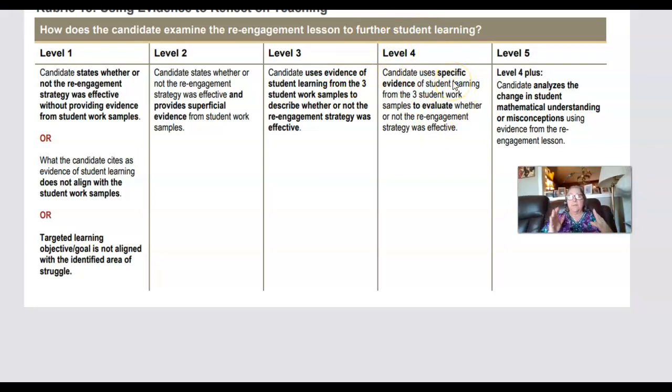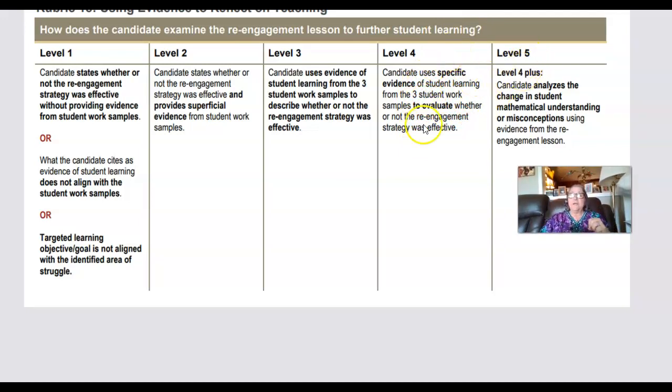So if you're really being specific, as you can see in problem number 1, student A wrote blah, blah, blah, and this is different from the original work when they did the same type of problem and they did blah, blah, blah. So it really gets into the nitty gritty of this.